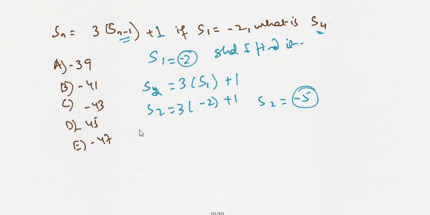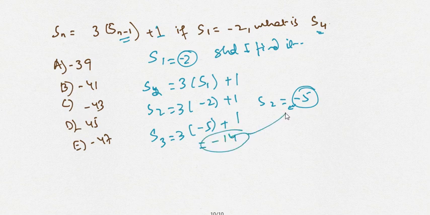So S2 is equal to minus 5. Right? So S3, what will be S3? S3 will be 3 substituting this value of minus 5 into it, and it will be minus 14.